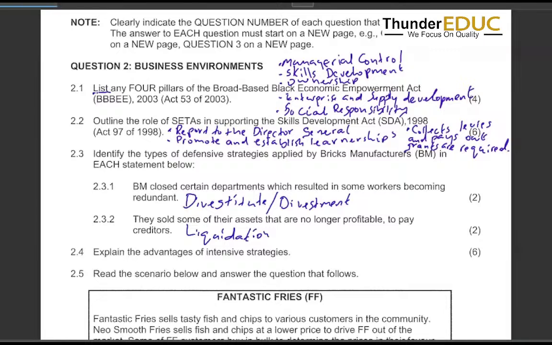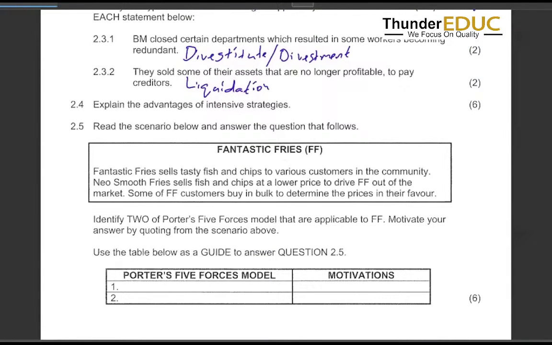Okay, so now grade 12s, let's move on to the next question, where it says explain the advantages of intensive strategies. One of the advantages of intensive strategies is that it increases sales and profitability. The second one, it eliminates competitors and dominates market prices.